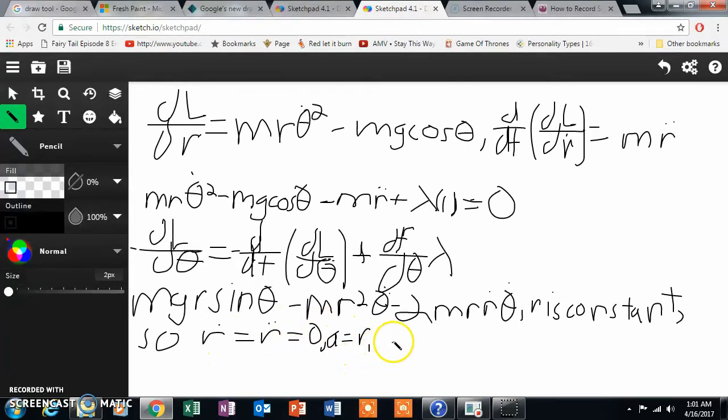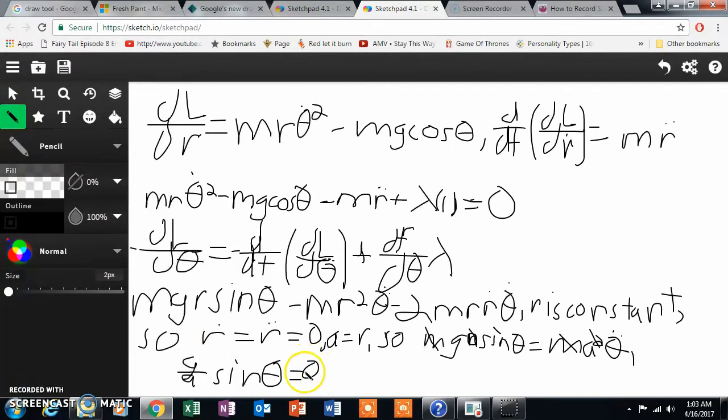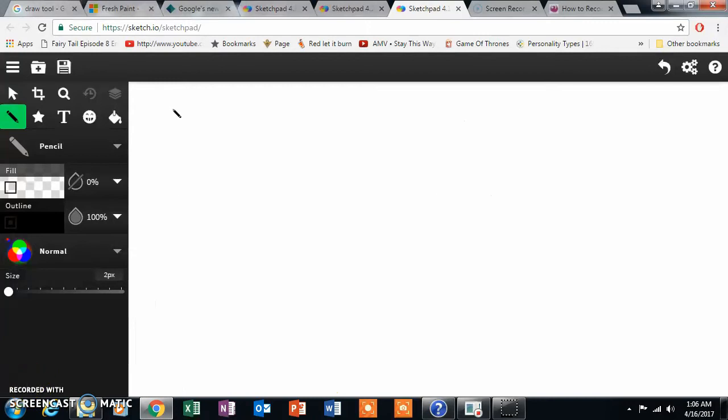And a equals r. So that means if you cancel out the m's on both sides, you can also cancel out an a. You can say that g over a sine theta is equal to theta double dot.